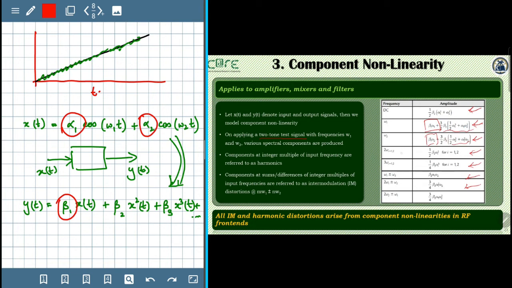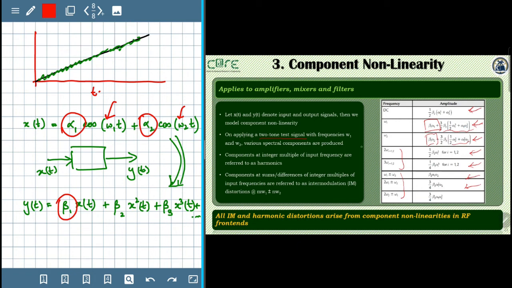Similarly, there will be some components present at the integer multiples of omega i, which will be referred to as the harmonics, and then there are some contributions at the summation or differences of various integer multiples of the two tone frequencies omega 1 and omega 2, and these are referred to as the intermodulation distortion.